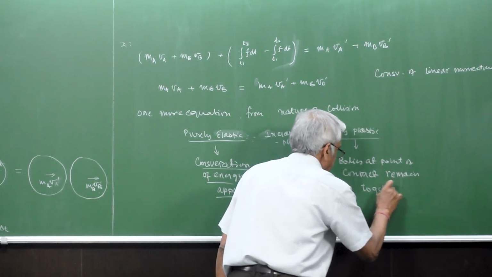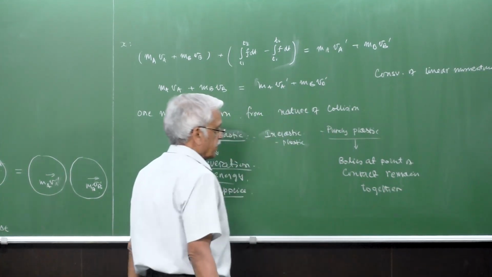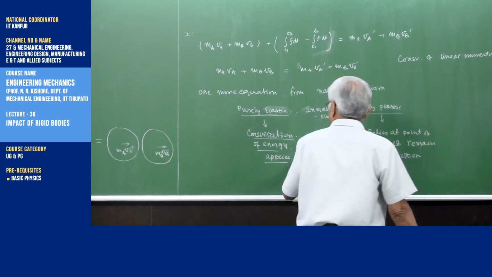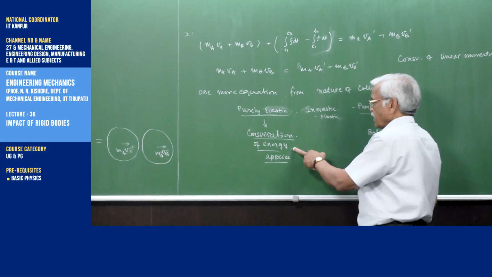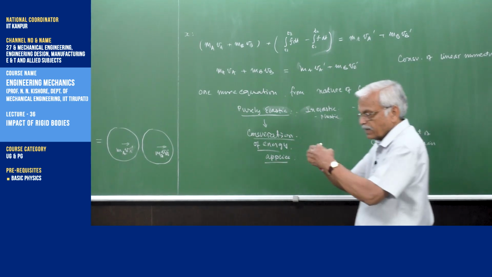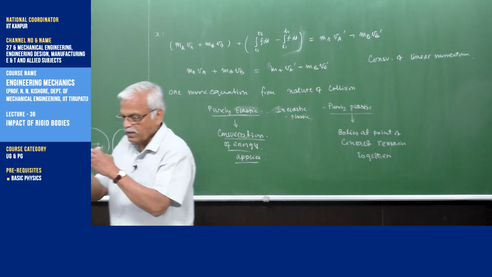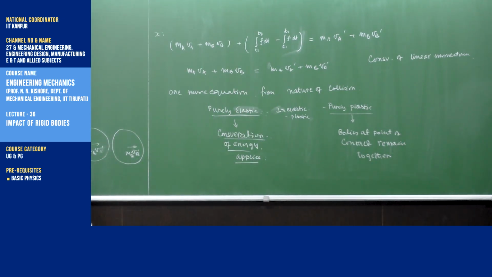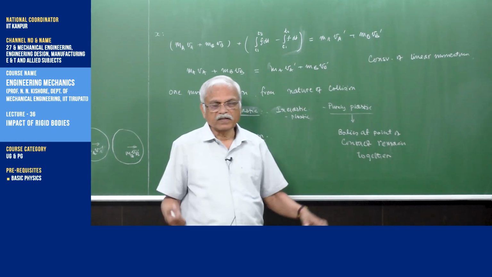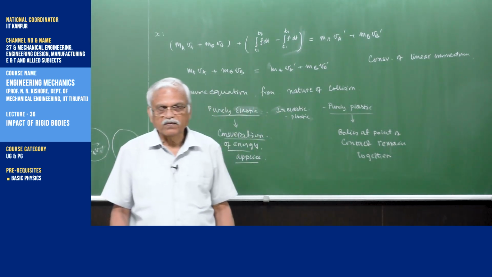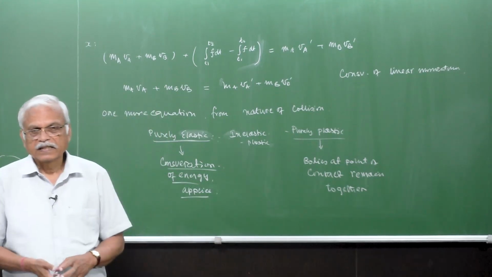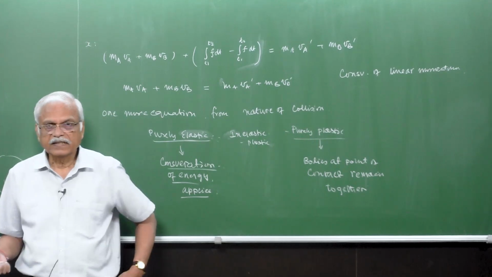So this is another thing. At one end they are completely recovered and the energy is conserved, whereas when there is a plastic impact, there is no recovery of the deformation, and at that point the bodies remain in contact. So obviously you can see that when the deformation is retained, the energy is lost.